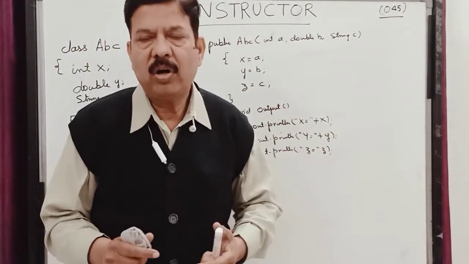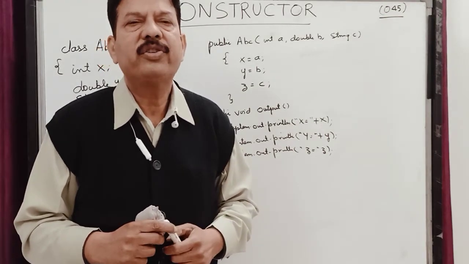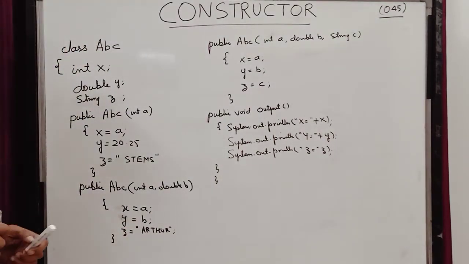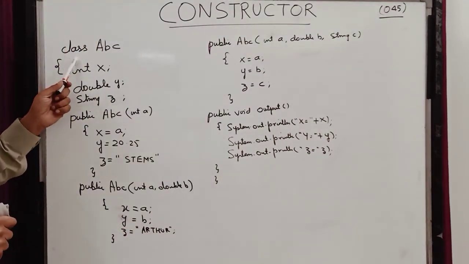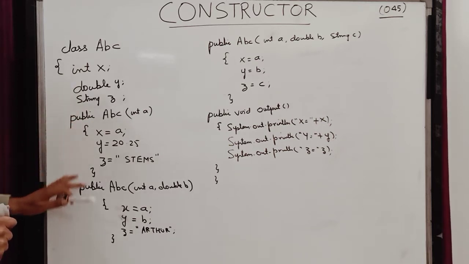And children, when we talk about constructor, there are some features of constructor. The first feature of a constructor is that a constructor has the same name as its class. If you see children, I have written an example of constructors over here, not one constructor, I have written many constructors.